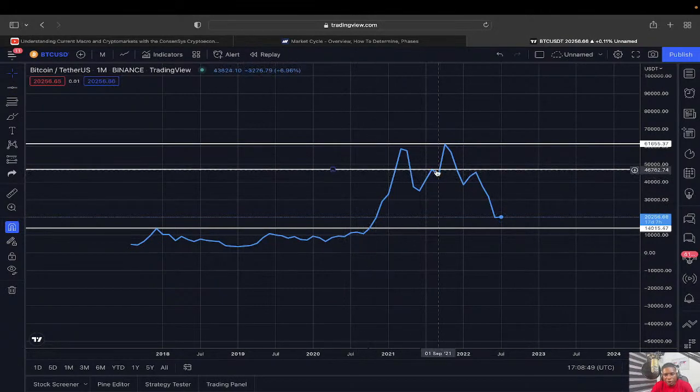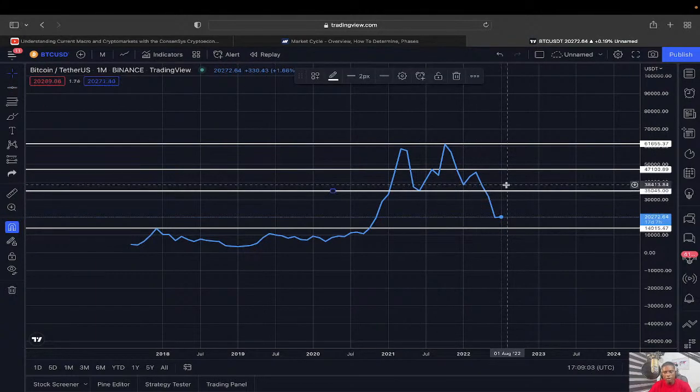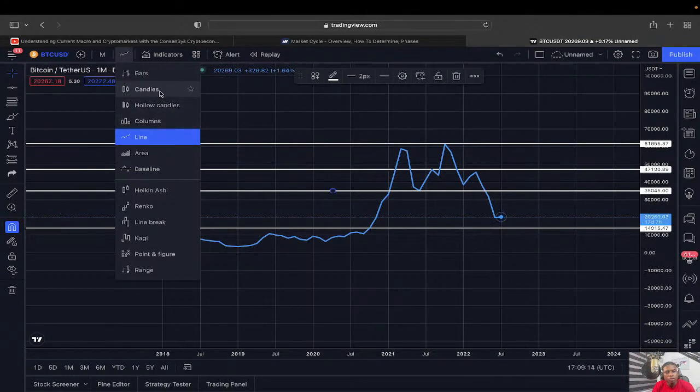This is a minor support level turned resistance, a minor resistance level. Then here as well is also a minor support level. Now having factored this in, let's get back to the count.